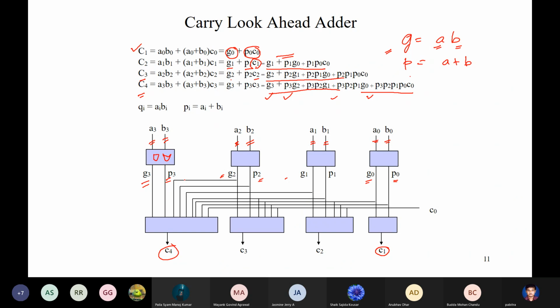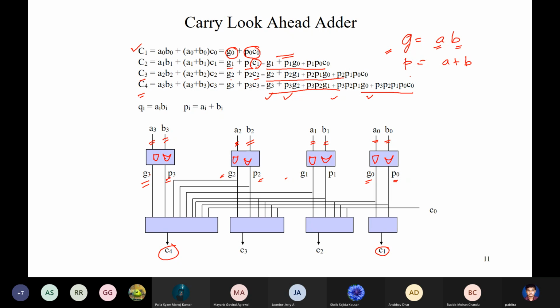But let's look at the circuit. What's happening? In addition to this ripple carry, what's the circuit inside these blocks? They are just AND gates and OR gates to compute G3, P3, G2, P2, and so on, nothing else.